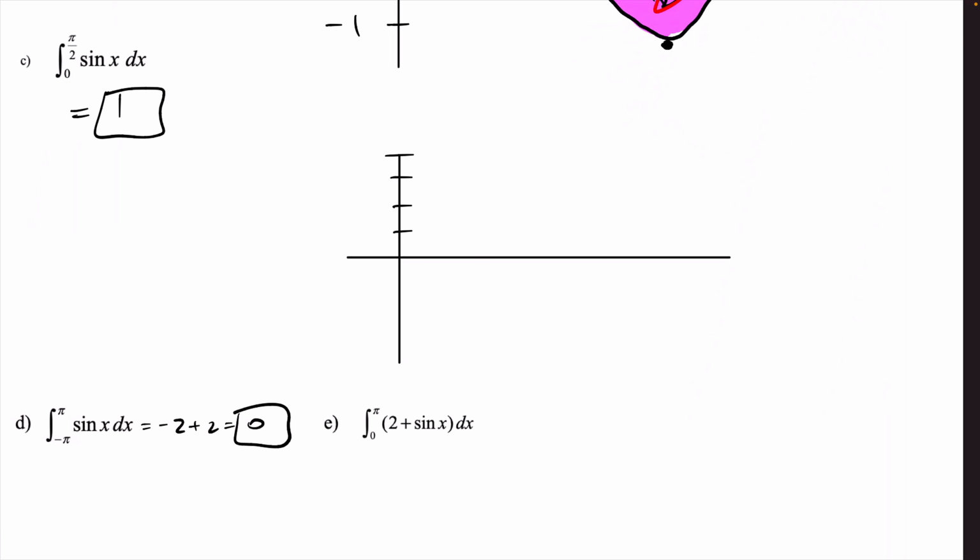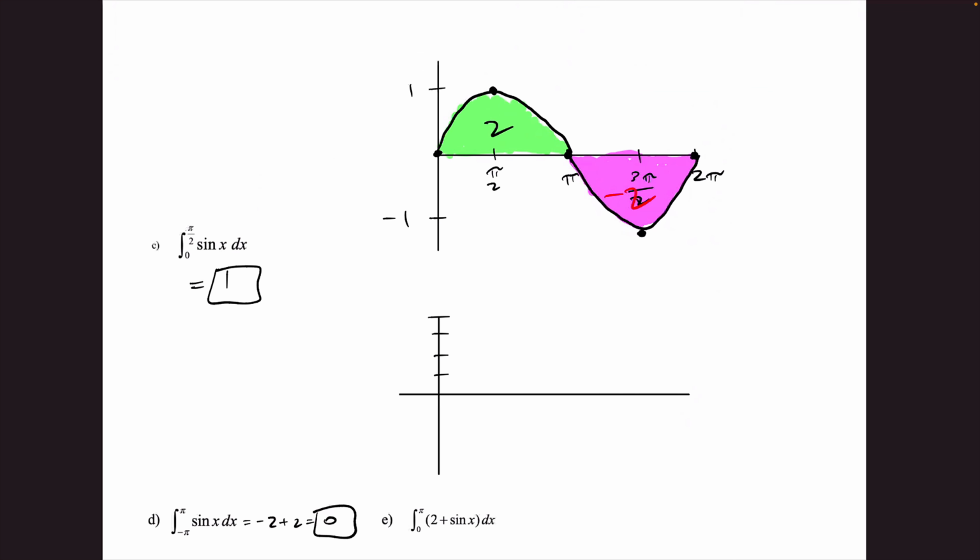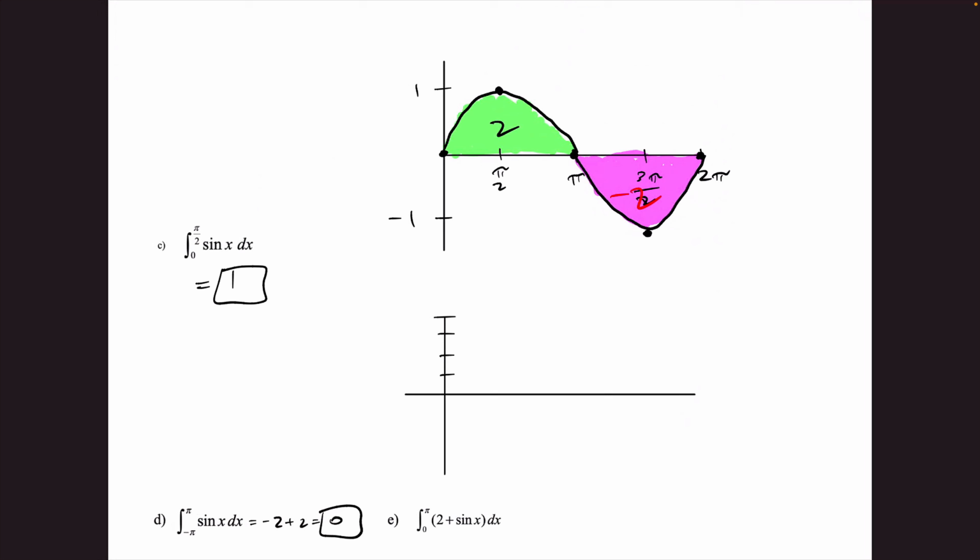So at 0, it's not going to be 0 anymore, it's going to be 2. At pi over 2, it's not going to be 1 anymore, it's going to be 3. And then at pi, back to 2. So this shape is kind of like that.